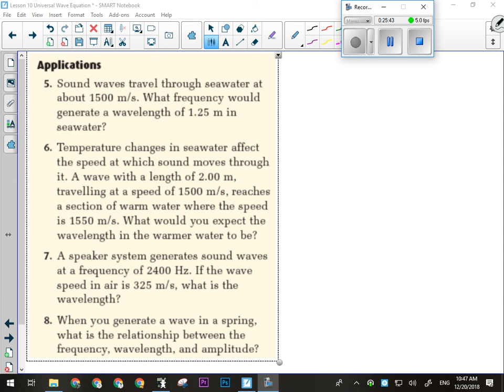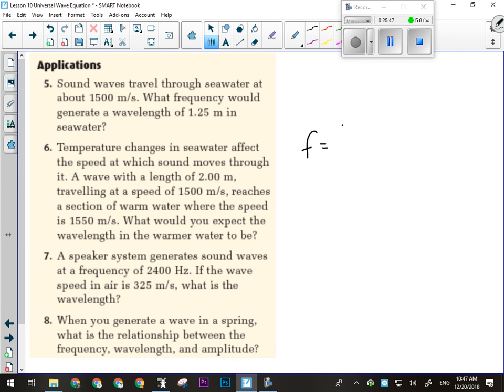So can I calculate that using the information for the 1,500 meter per second water? Yes. I find f by going v over lambda, 1,500 divided by 2 meters. So the frequency is 750 hertz.